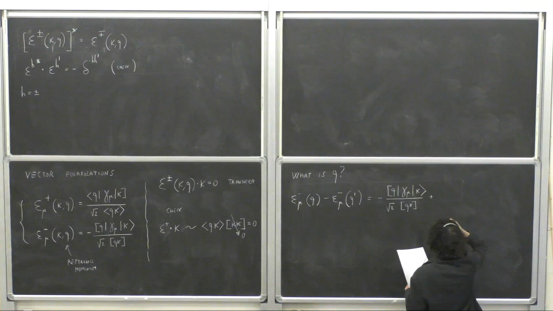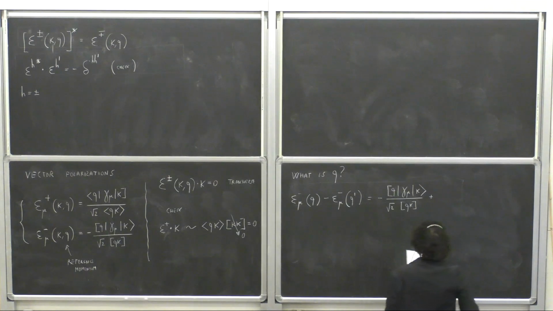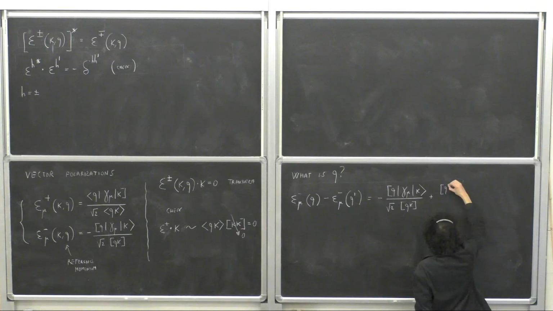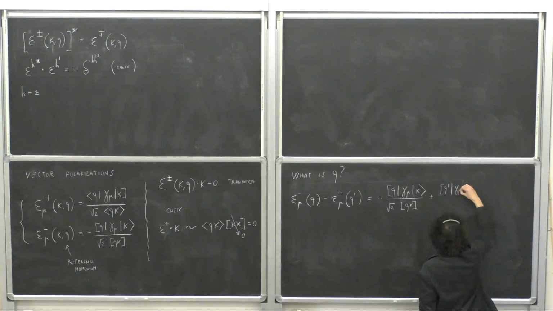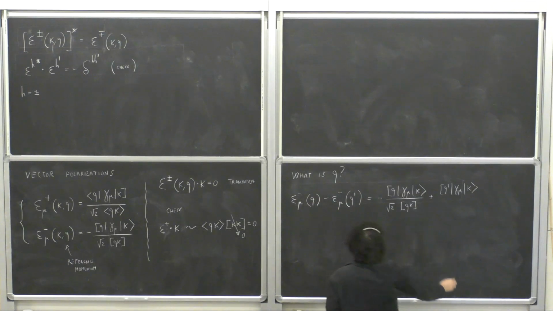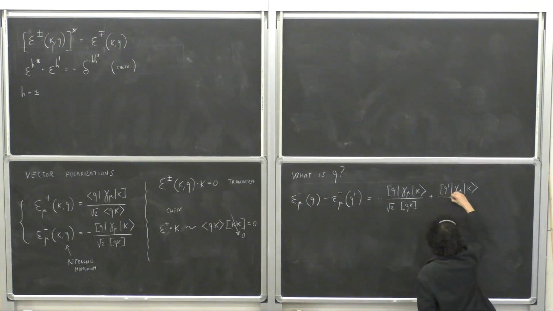So there's a minus sign over there, and then we do the same with a Q prime. K, of course, is the same. I didn't write K explicitly, but we are assuming that we are taking that with respect to the same K. Square root of 2, and there's a Q prime K here.